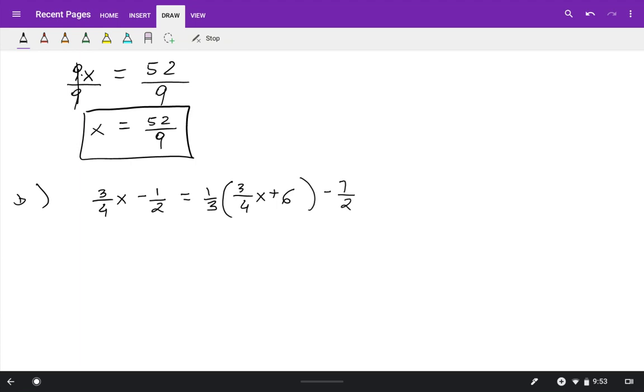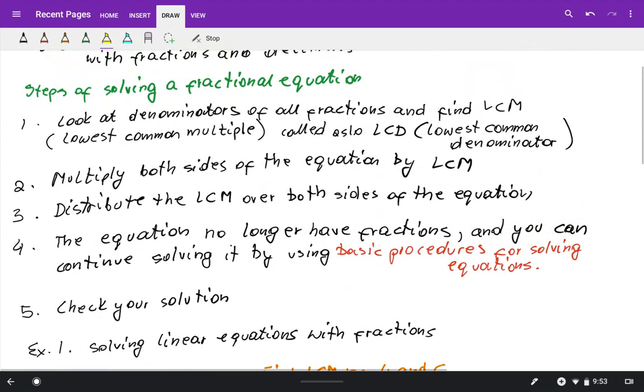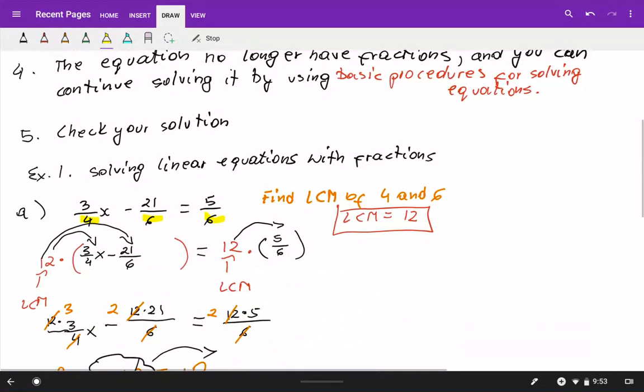Okay, so the same idea here. First, don't distribute, don't even start multiplying by fractions. Always work with the steps which I gave you. So look at denominators and find the LCM, lowest common multiple.